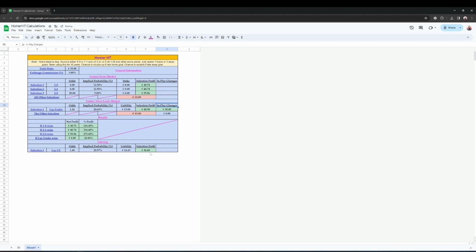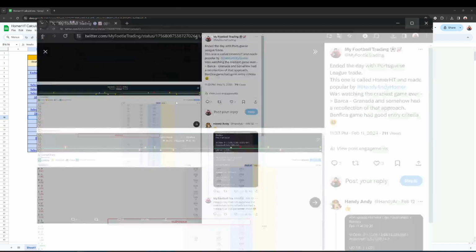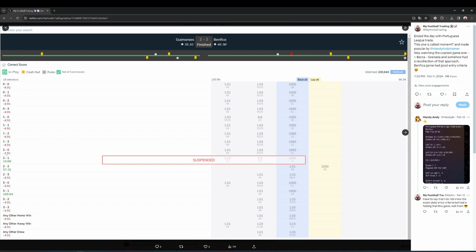If we look at my tweet once again, where is it? Here you can see that I had -491 only on the correct score market, and I have this profit reduced on 2-1. You can see that I've managed it the way to have a scratch trade if it remains 2-1.